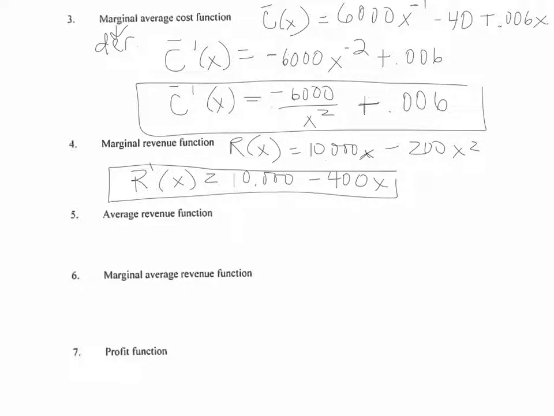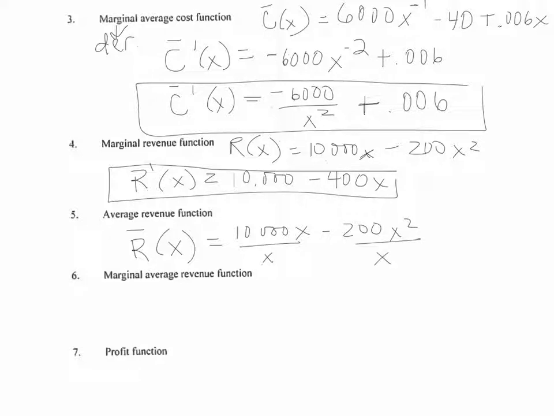Okay, how would I find my average revenue function? Average means I do what? Average is the one that has the bar. So I'm taking R bar of x. Now, how do you do it? Take your revenue function and take each term and put it over x. Very good. So my revenue function was 10,000x minus 200x squared, and I'm going to divide each one of these terms by x.